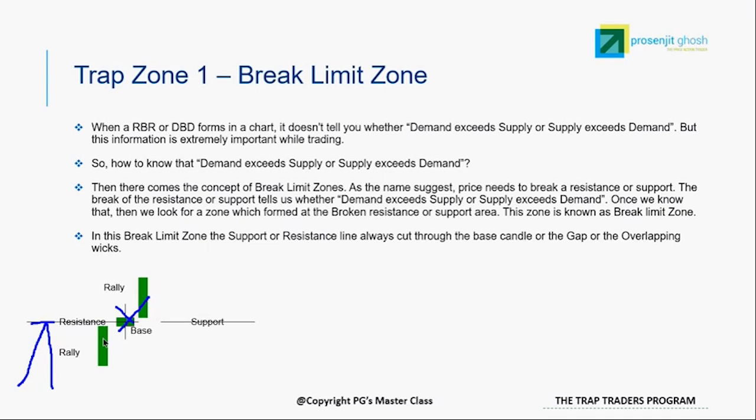If the moving candle cuts and closes above, then we will not take it as a break limit zone. But it can happen that the moving candle moves up but comes down, closes below, and then the break gets created. Then it's okay, we will take it as a break limit zone.